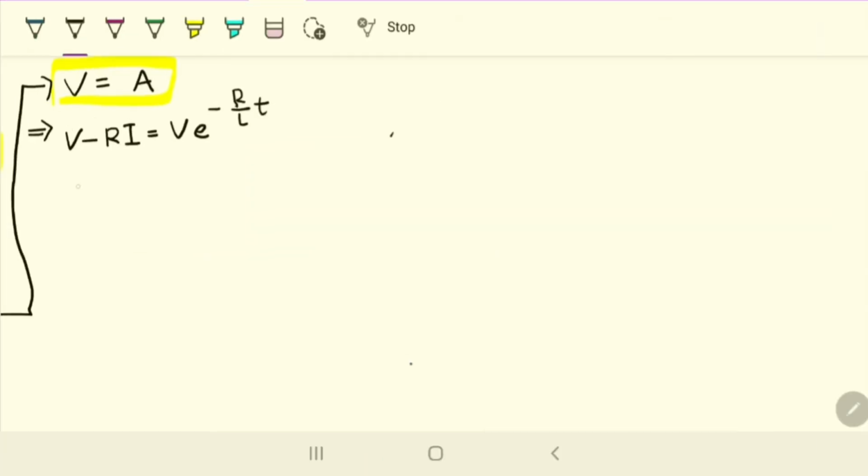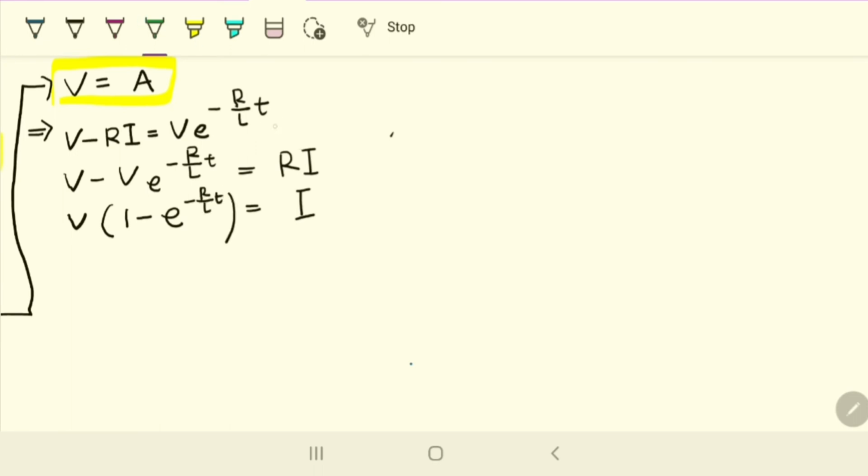So I have V minus V E negative R over L T equal to Ri. Hence I is equal to, you can factorize the V and the R over here will be divided like this. So we already show the statement that is required in this question.